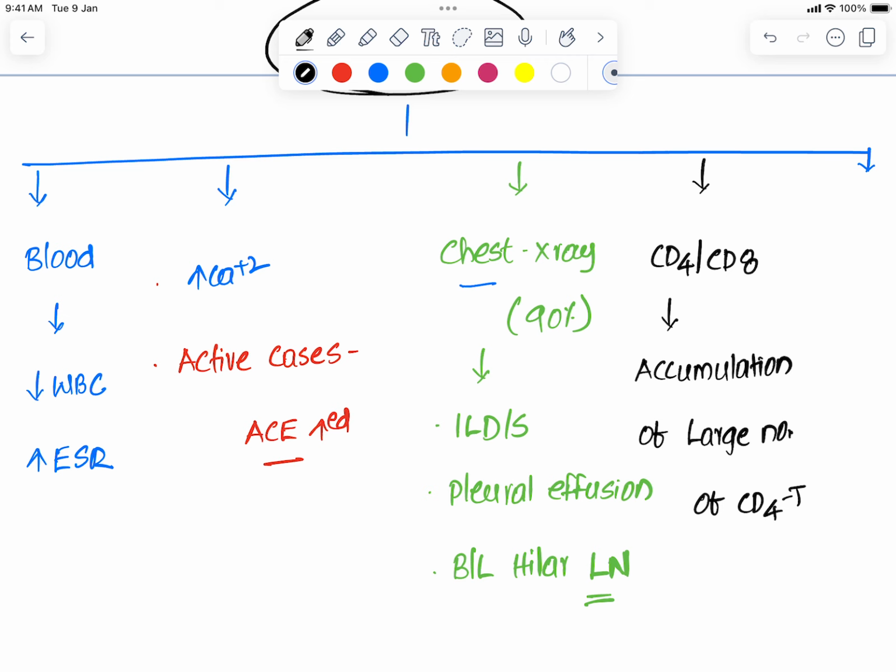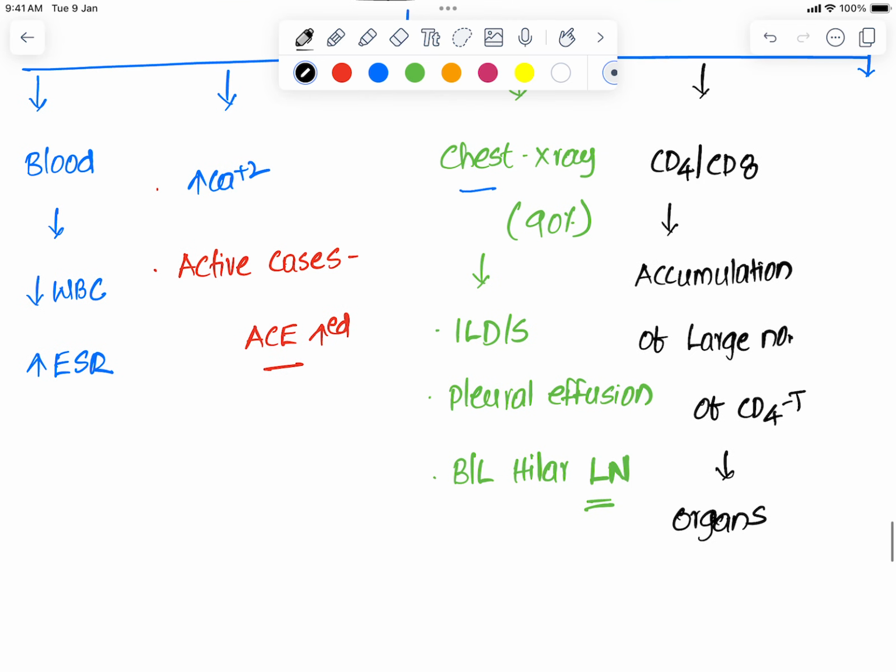But where? In the organs, not in the peripheral blood. Okay. So within the organs, if you observe, the ratio will be 10:1. Within the affected organs, the ratio will be as high as 10:1.